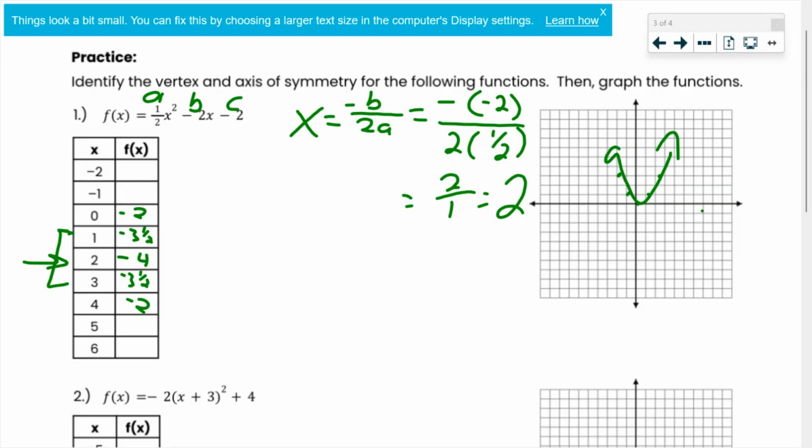Same deal here. I need the actual points, like 2, -4, 1, -3.5, and 3, -3.5, and 4, -2, and 0, -2. As far as I'm concerned, 5 points is good enough.